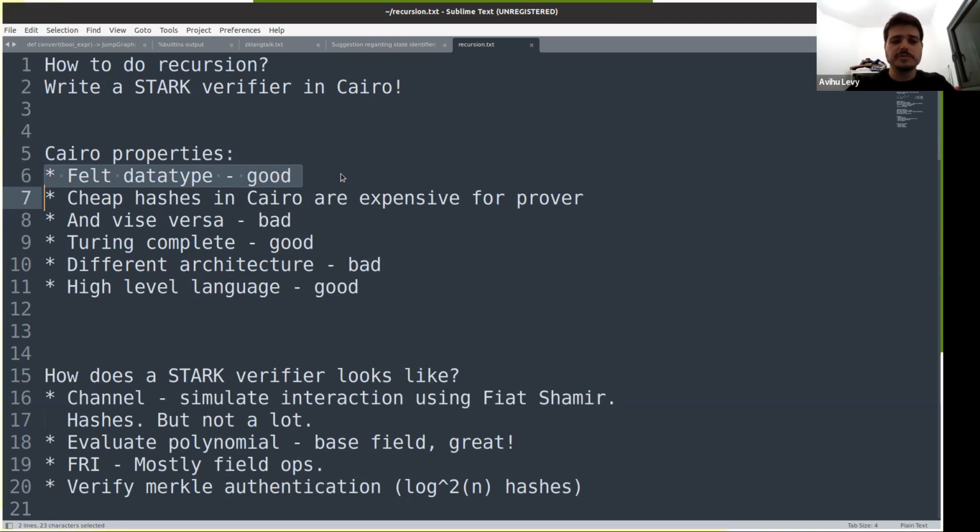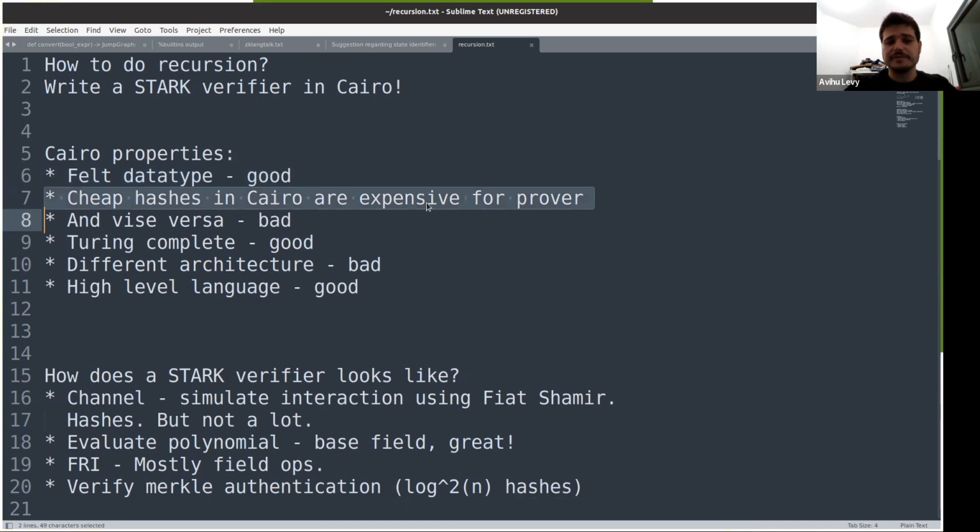We only restrict ourselves to verification of Cairo proofs, not just any Stark proof. So we write a Cairo verifier in Cairo, which means the field that the proof we verify works on is the same as the field that Cairo works on. So the basic data type is a field element, which makes all the field computations very efficient.